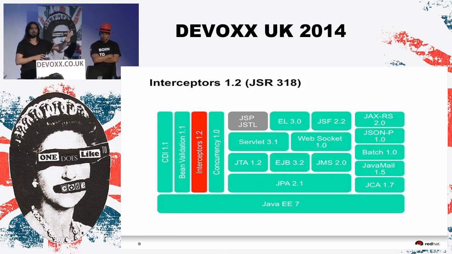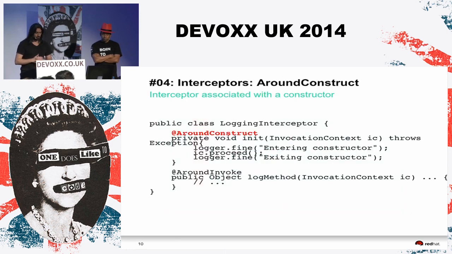So we had EJB 3.1 and Interceptors 1.1. So now we updated the Interceptors specification. What did we do? Well, now we can intercept constructors. Bean Validation brought this new concept to the interceptors.